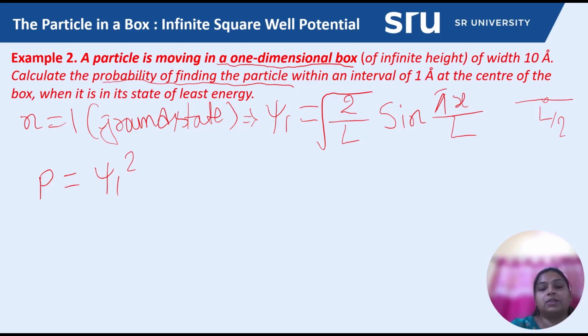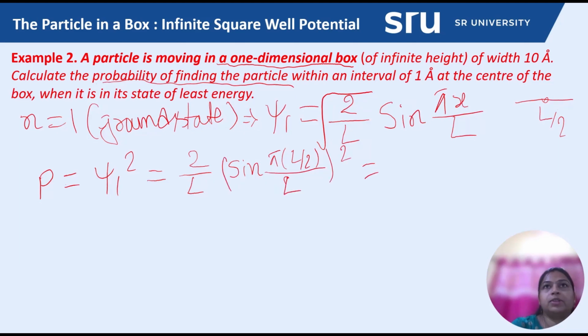So psi square at x, if we just square this one, we can get 2 by L sine square of pi into L by 2 over L. So this will be basically 2 by L sine square pi by 2. We know sine 90 is equal to 1. So this term will be basically 1.